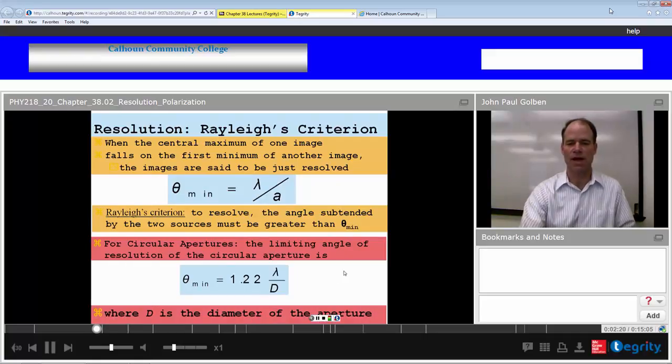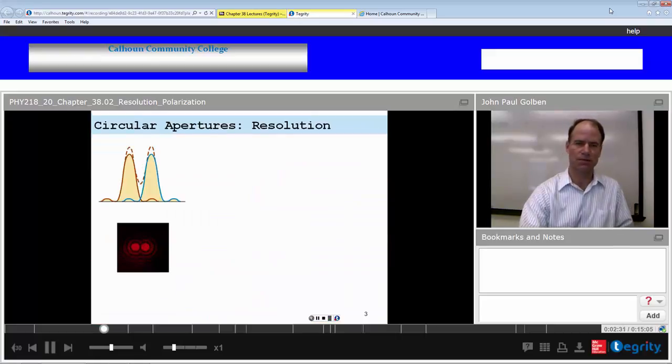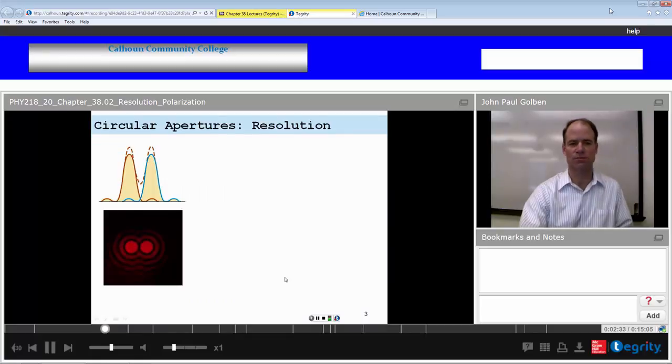So our minimum angle for circular apertures is 1.22 lambda over the diameter of the aperture. Still a very simple equation when it boils down to it.